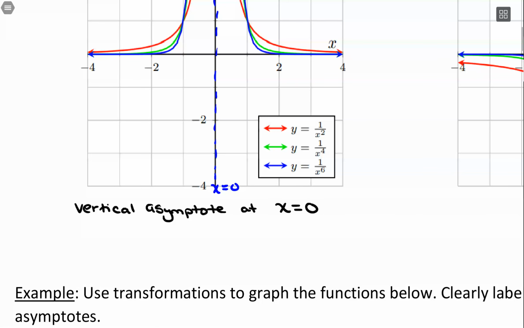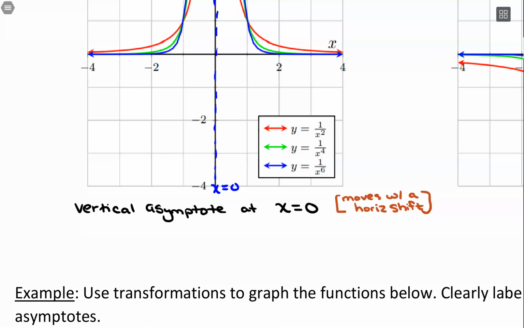It's a vertical line when x is equal to 0. If we think about our graph transformations, what will move it is a horizontal shift. So if we have some graph transformation that is moving things to the right or to the left, that vertical asymptote will also move to those locations wherever we end up.